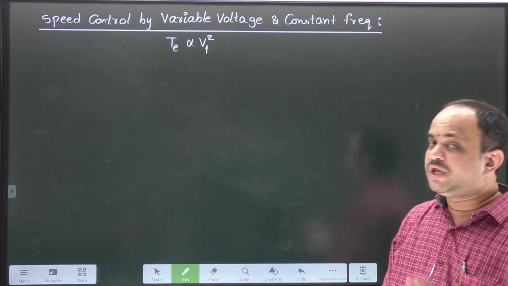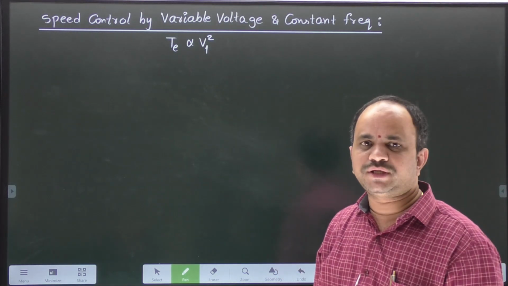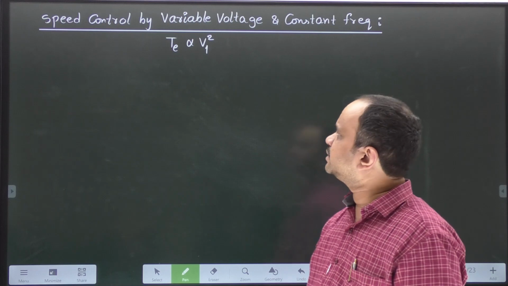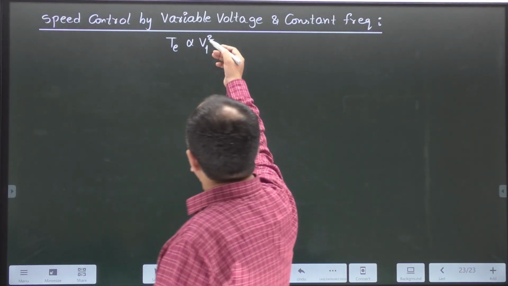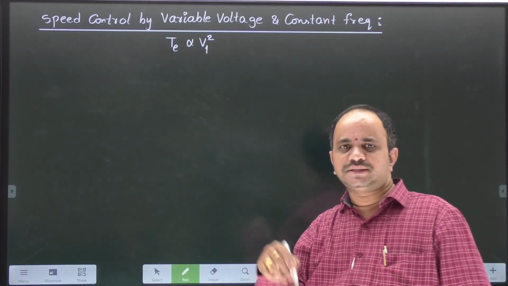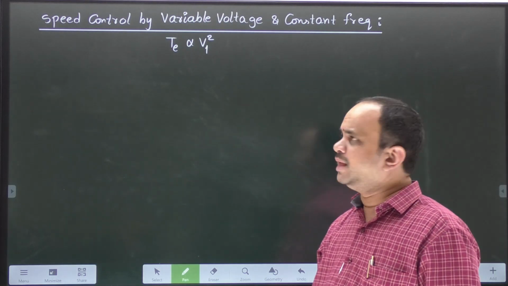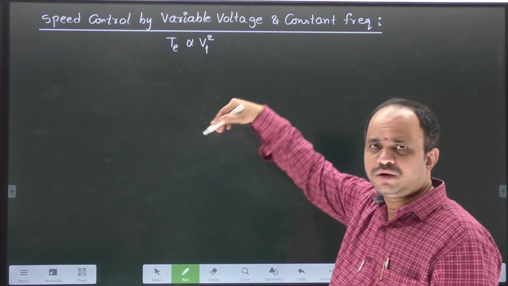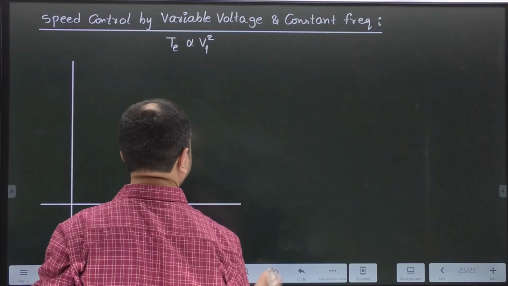Of course we are not supposed to apply more than the rated voltage to the induction machine, right? In that case what we can do, you have to apply less than the rated voltage to the induction motor. In that case what will happen to the torque speed characteristics? Let us see.